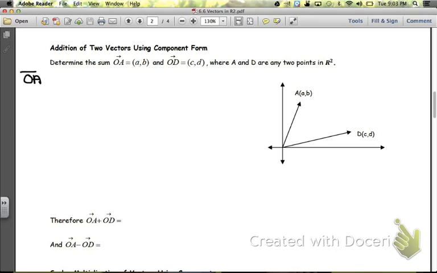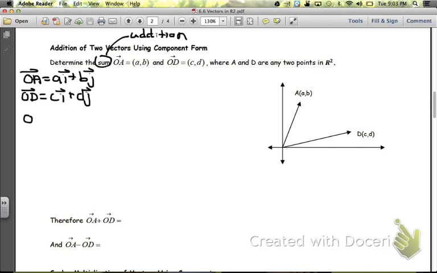So let's start by writing OA and OD in our component form. OA is going to be equal to Ai plus Bj, and OD will be equal to Ci plus Dj. So now we want to determine the sum. What does sum mean? Remember, sum just means addition.